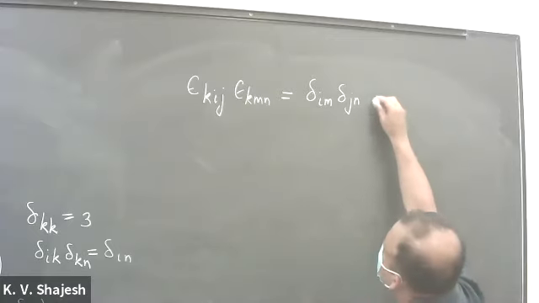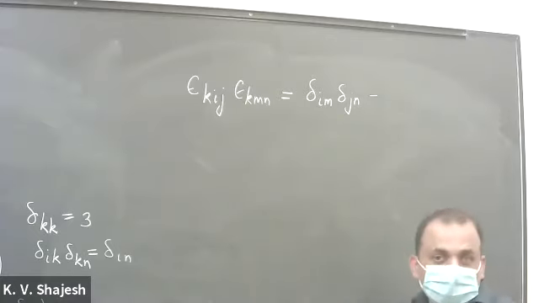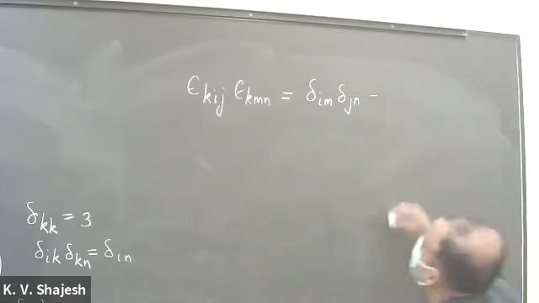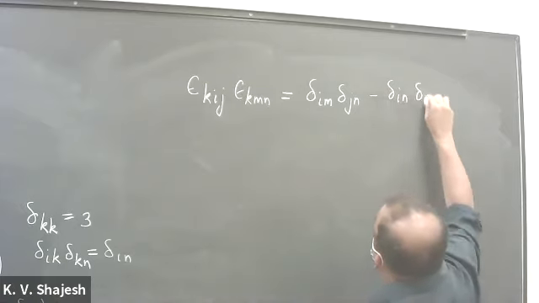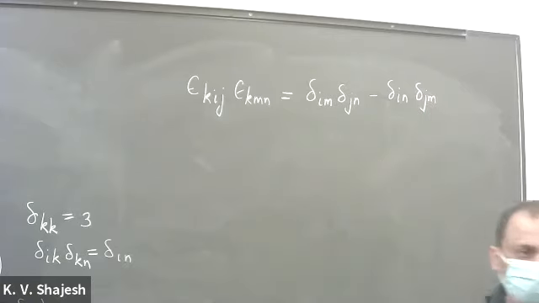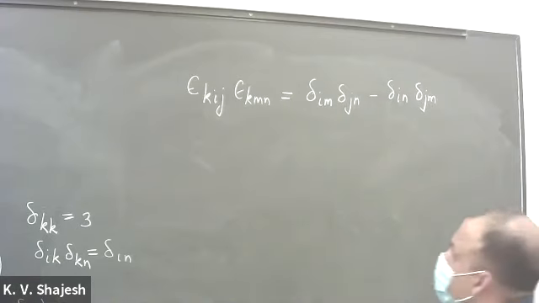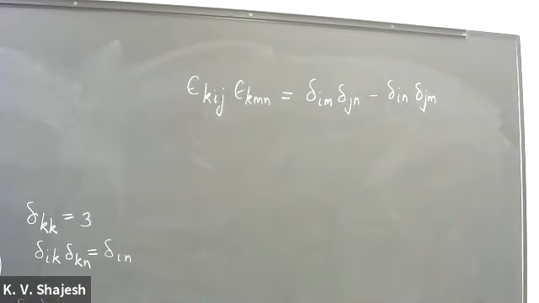And then you swap. The only other possibility is that I goes with N, and then J goes with M. This is basically what is built in when you're doing a BAC-CAB rule.